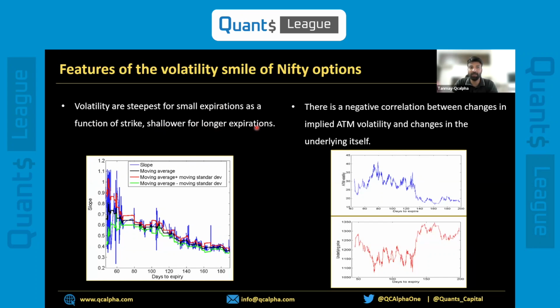So what does that mean? Your volatility for today's expiry, the 31st March expiry, for a 17,000 call or put would be much higher than the volatility for a longer expiry, that is your May expiry or June expiry or December expiry.